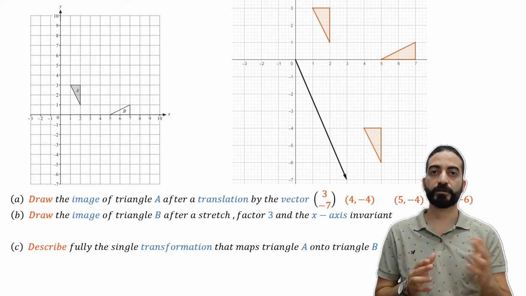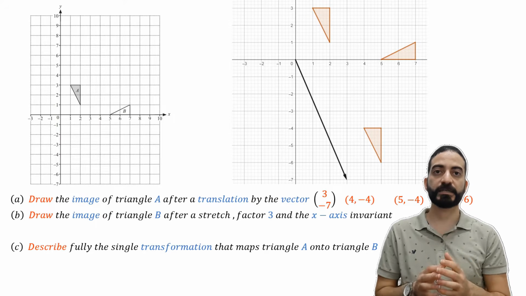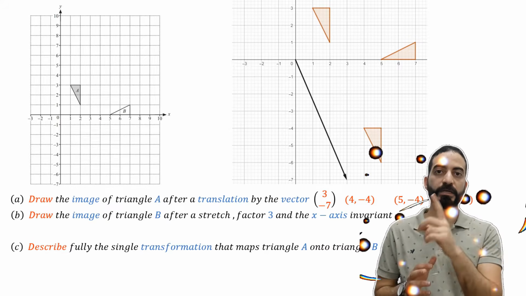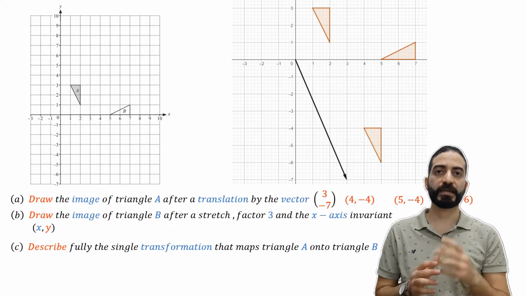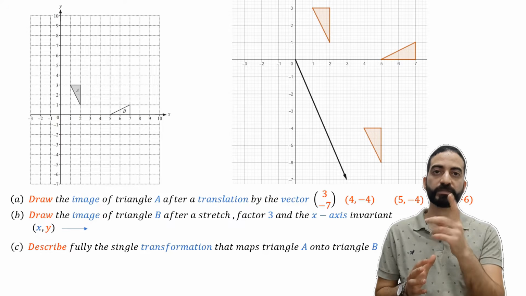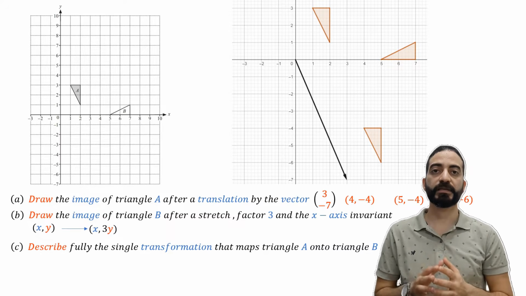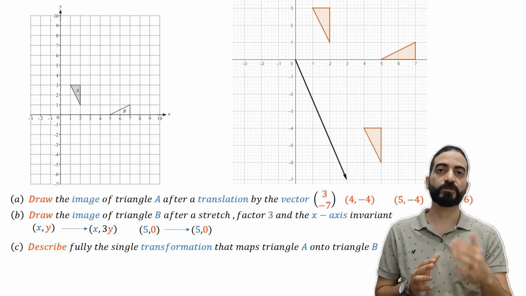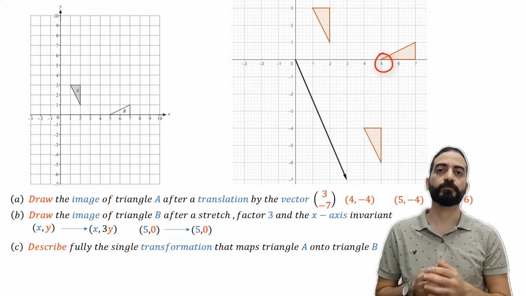Draw the image of triangle B after a stretch with scale factor 3 and the x-axis invariant. When it tells us that the factor is 3 and the x-axis is invariant, we can translate this to mean that if we have a point (x, y) in triangle B, then the image of this point becomes (x, 3y). This means that the point (5, 0) in triangle B will become (5, 0 times 3), so (5, 0).